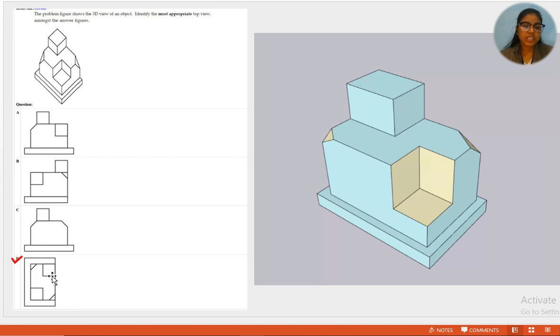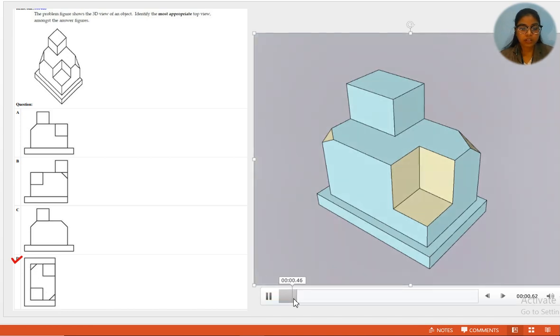Now let's see how option D is correct. If you look at it from the top, you will see this top surface. As you can see, there is one square box over here and one over here, and both are placed diagonally to each other. Next, you will see this chamfered corner part, and obviously they will also be opposite to each other.